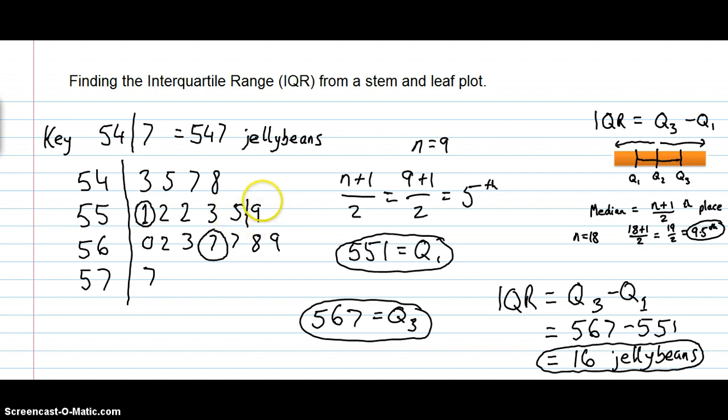If the median happens to fall on top of a number though, if Q2 is actually a number in the data, then when determining the upper and lower halves, that number is crossed out. So all the numbers below that number will be the lower half, and all the numbers above that number will be the upper half. The number itself won't be included in either.